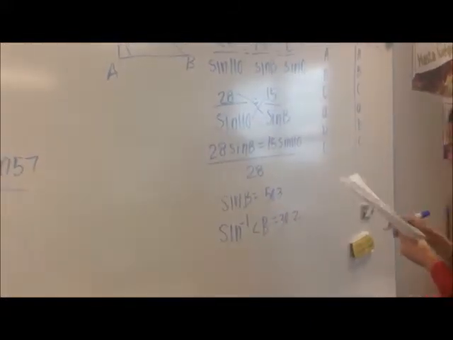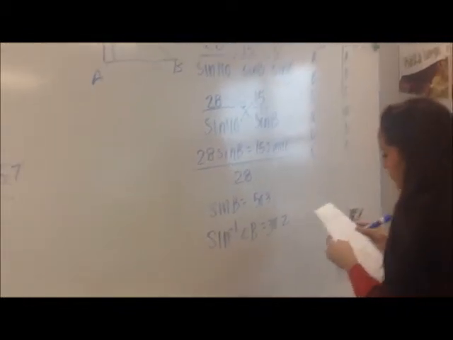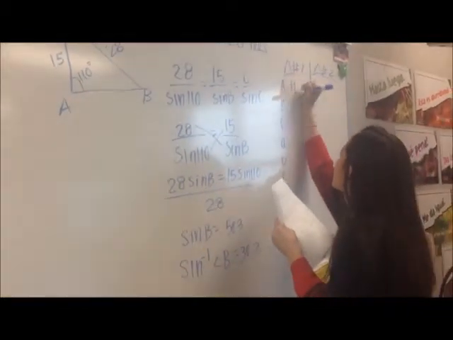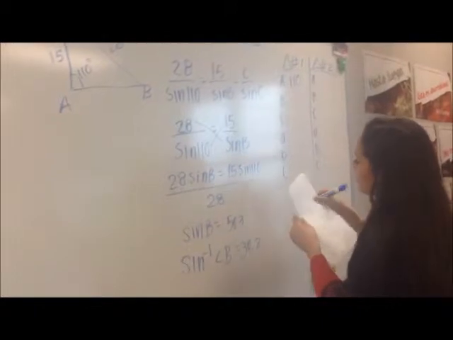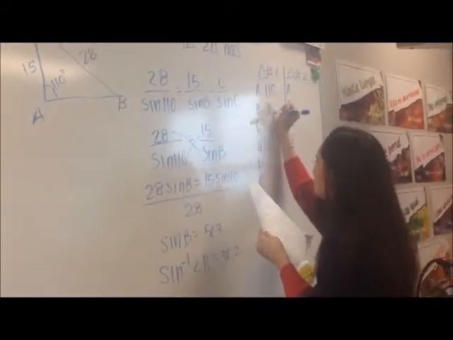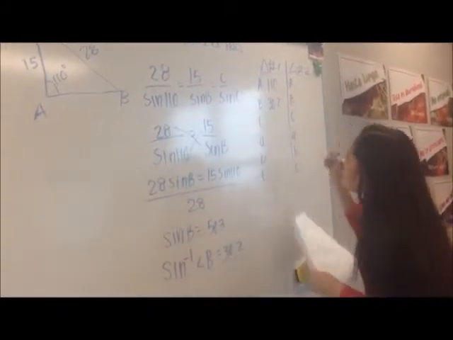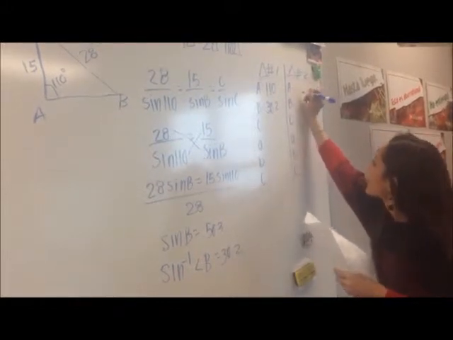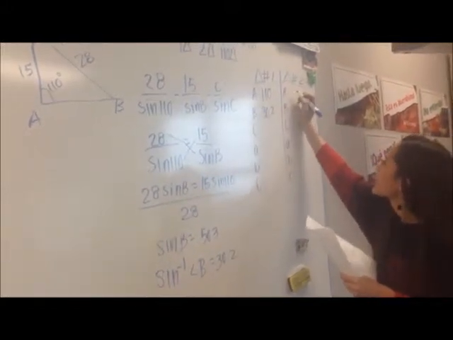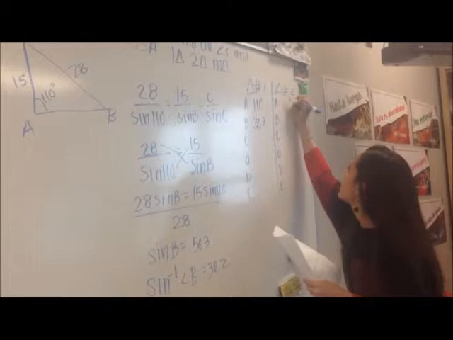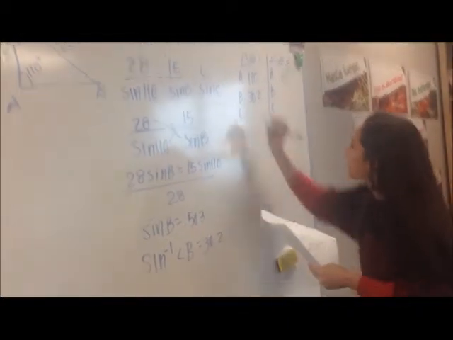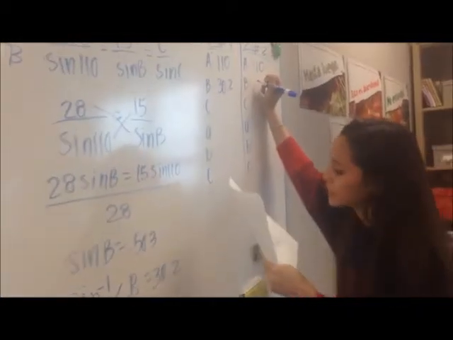So we're going to fill out our chart. We know angle A, and we know angle B. For triangle number 2, the first angles are going to be the same. On the second angle, they're going to be supplementary to each other.